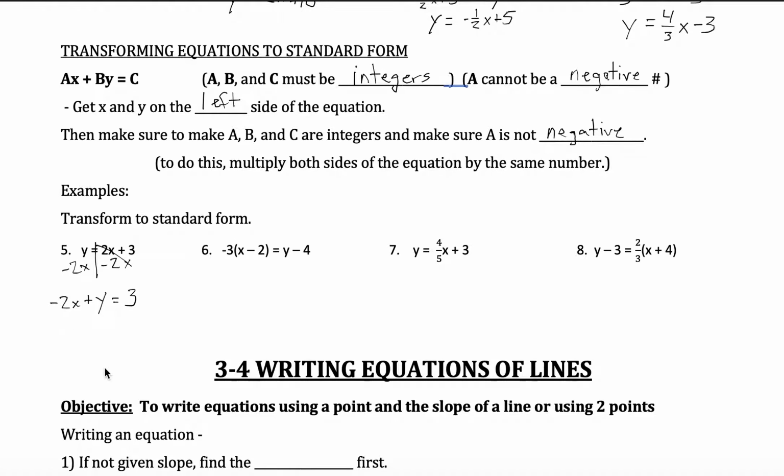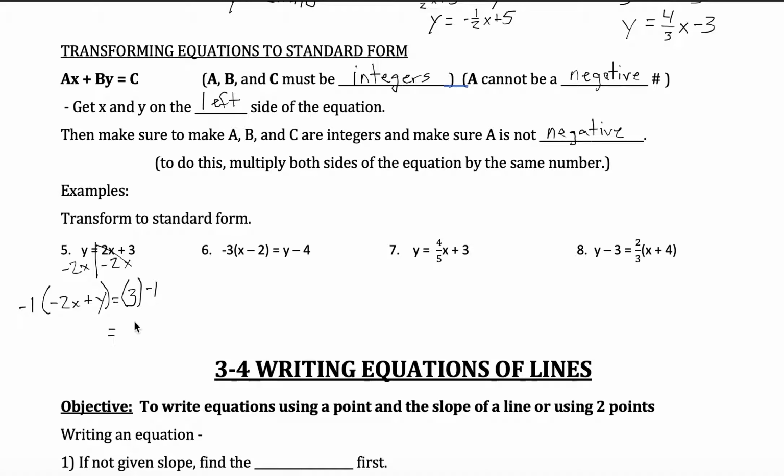Now, before we say that we're done, we need to ask ourselves, are A, B, and C all integers? And is A not negative? Currently, A is negative, so we need to multiply both sides by negative 1 so we can make A not a negative anymore. So we multiply by negative 1.